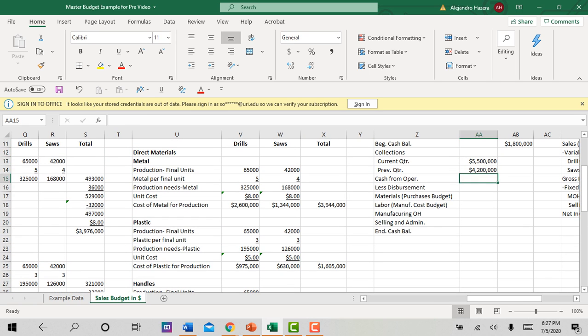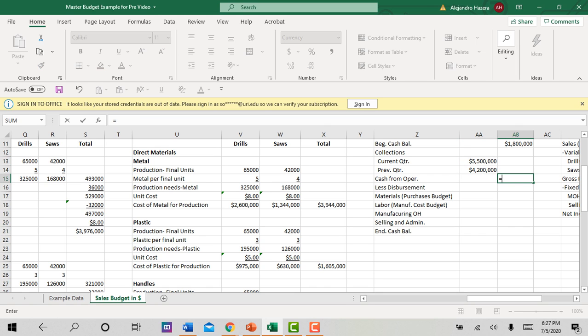So our total cash available is going to be our beginning cash balance of $1.8 million plus the cash collections for the current quarter and the cash collections from the previous quarter.